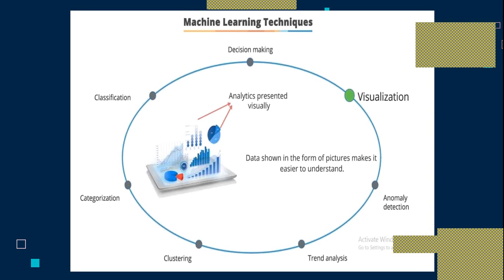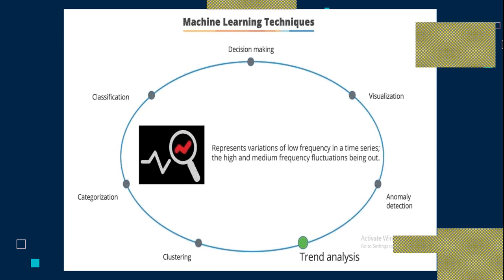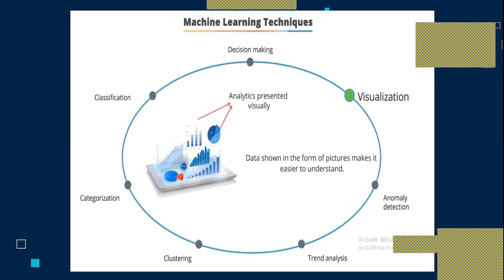From the picture itself, you can understand what exactly the data represents. So how many students failed, how many students passed, how many students are in first class, how many students are in second class. If you want to show such data, you can use the visualization concept in machine learning.